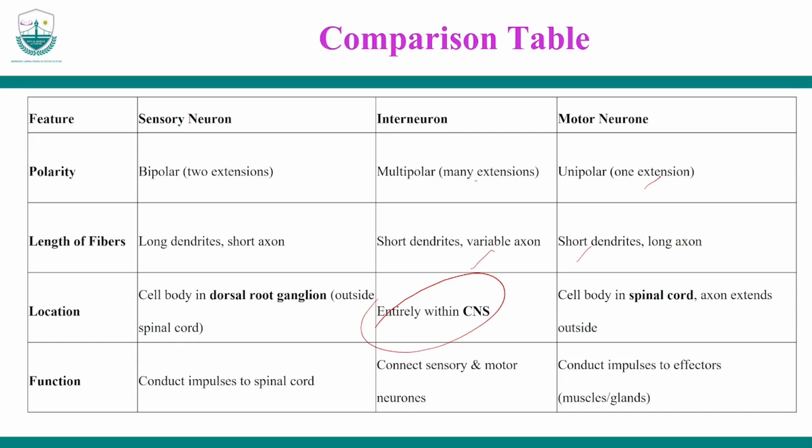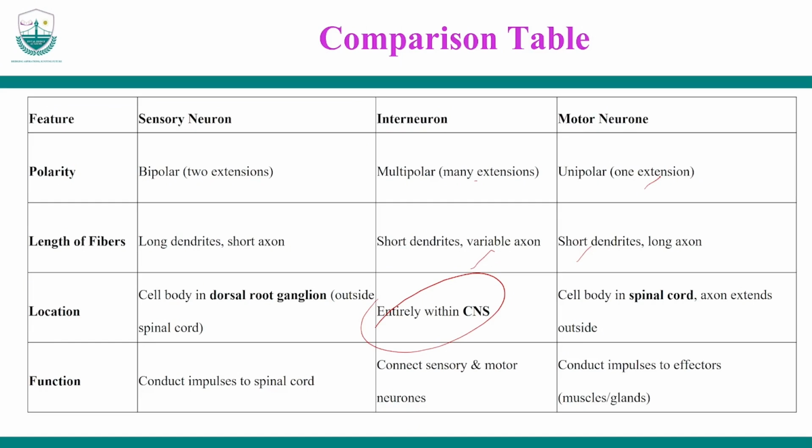Okay, takes the information for action, and that information comes from the central nervous system. And then for the sensory neuron, you have the cell body in the dorsal root ganglion outside the spinal cord. Okay, so in terms of function, the sensory neuron carries this information to the spinal cord. But within the spinal cord, that's when you also have the interneuron, and then that interneuron again connecting with the motor neuron.